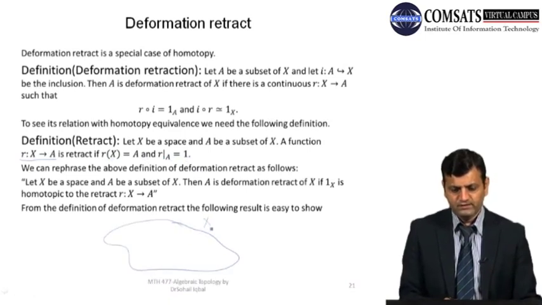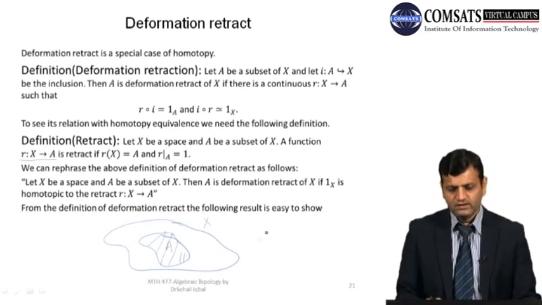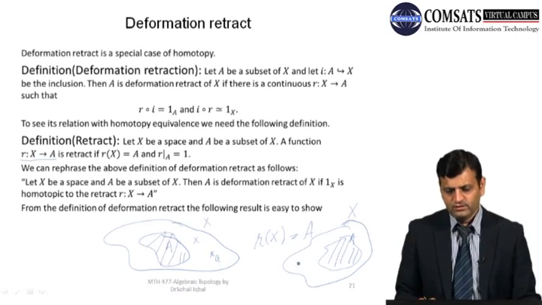Let's say this is the space X and this is the subset A of X. This condition says that R of X is equal to A. If I have this point, let's say a, then its image R of a will be a point of this subset A of X.